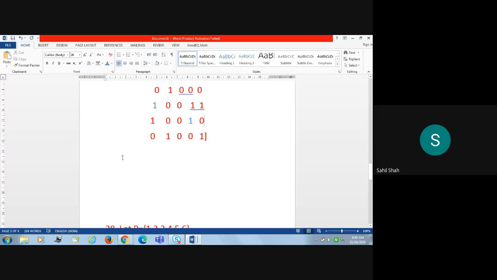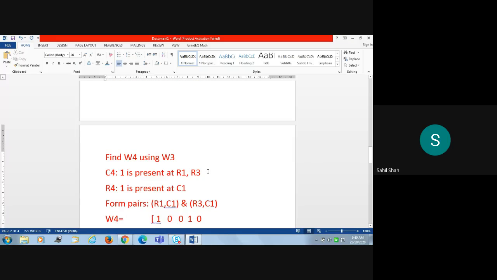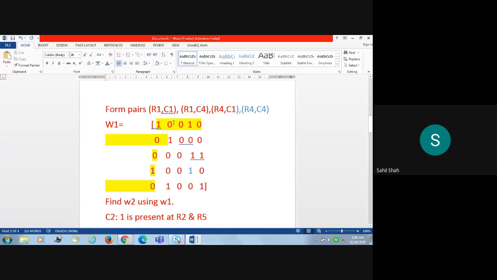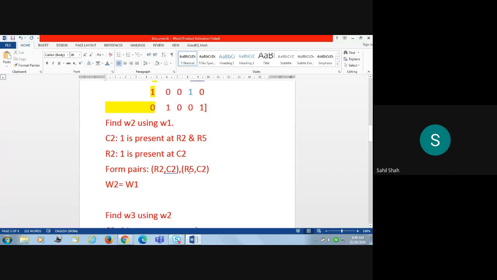Now, Aditya, can you tell me how to find W5 using W4? You are present, no? So you have to tell me now. Viraj is saying something. In C4, one is present. Yeah. Thank you.